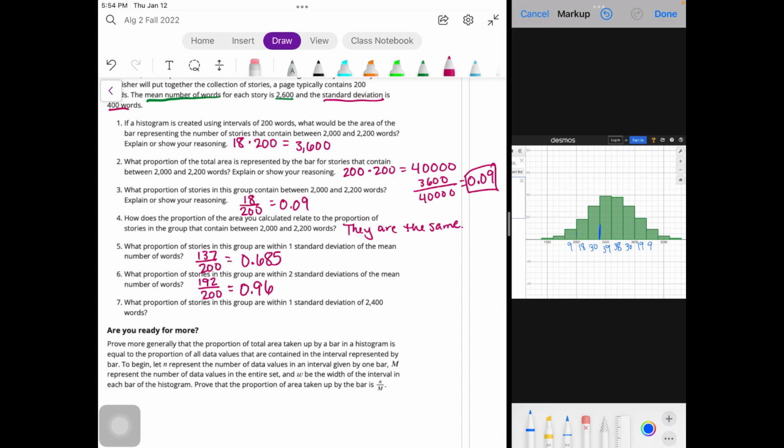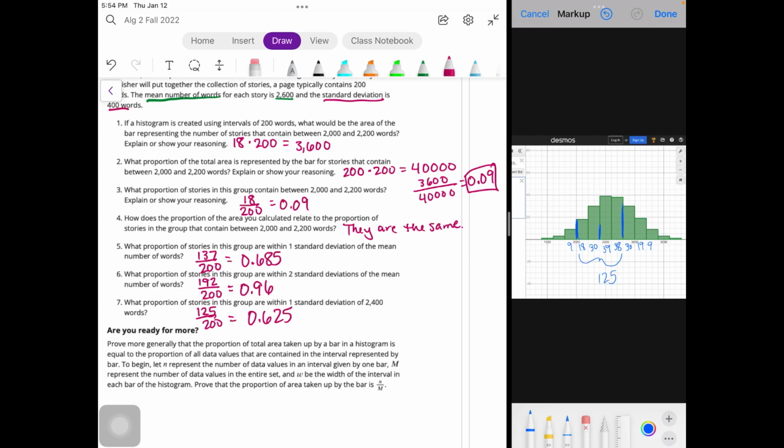So we're looking at 2,000 and then 2,800, which would be right here. So we're adding these values, and that's going to give us 125. So that's 125 out of 200, and that gives us 0.625. So 62.5% are within 1 standard deviation of 2,400.